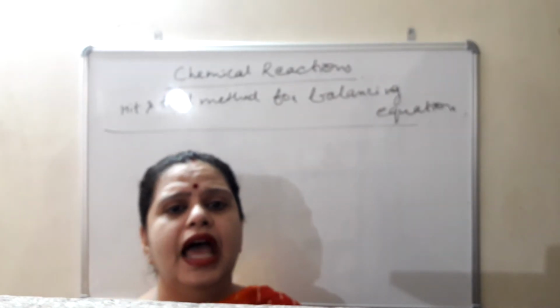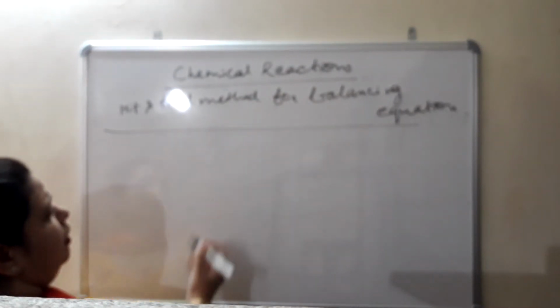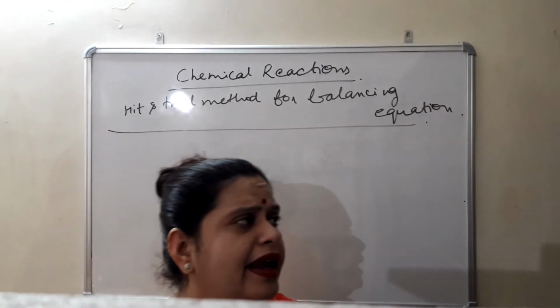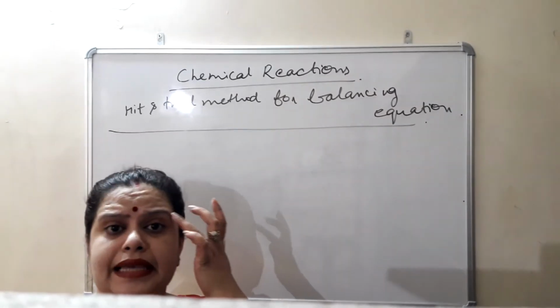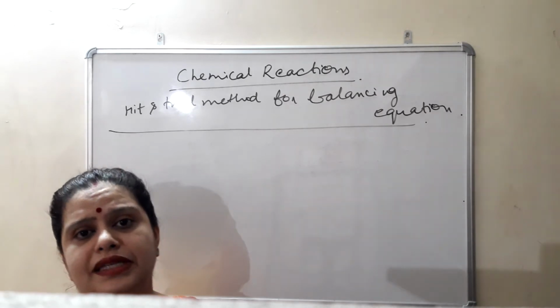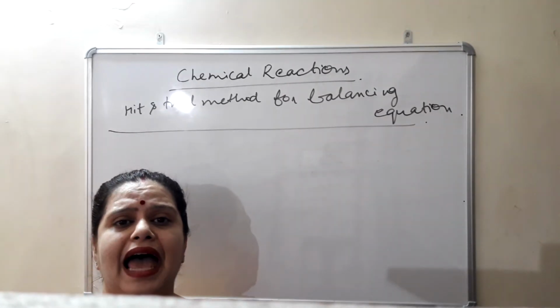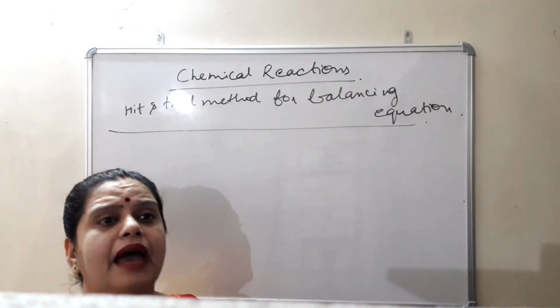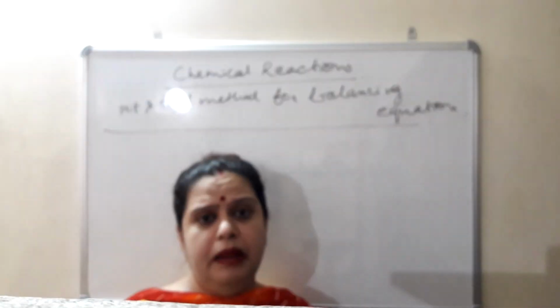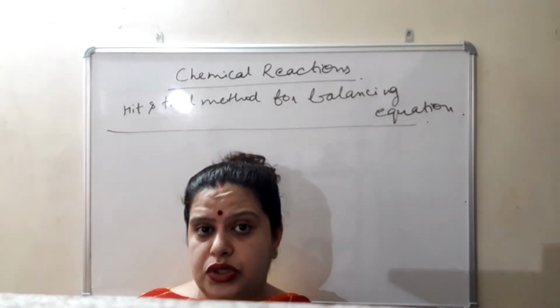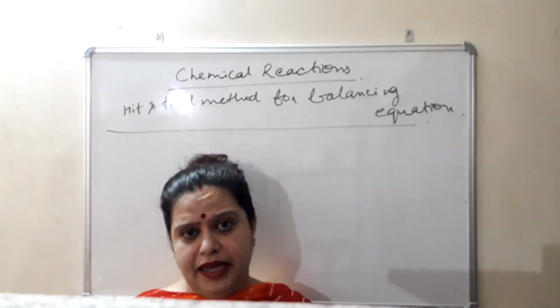Now see here about chemical reaction. For example, chemical reaction you all know. Now the question arises, why are we talking about this concept? Why are we saying that chemical equations need to be balanced? What is its use? Why do we balance chemical equation?